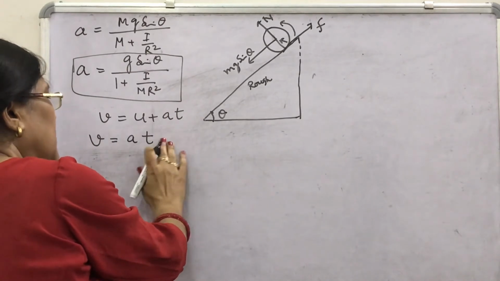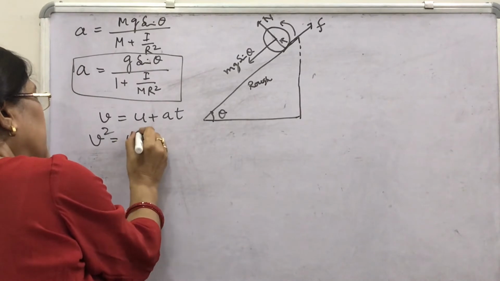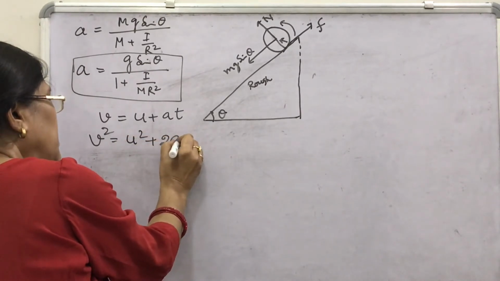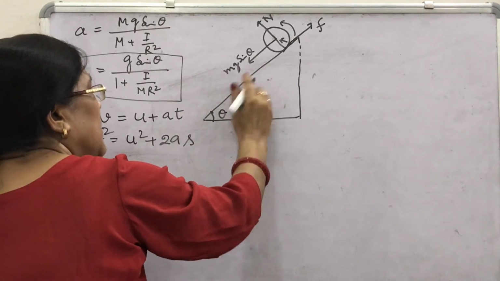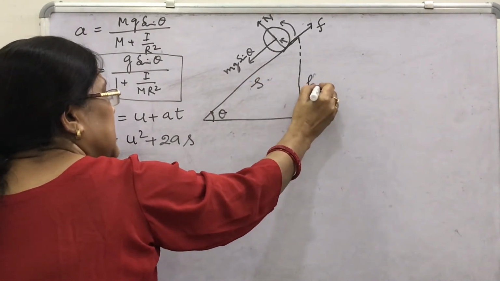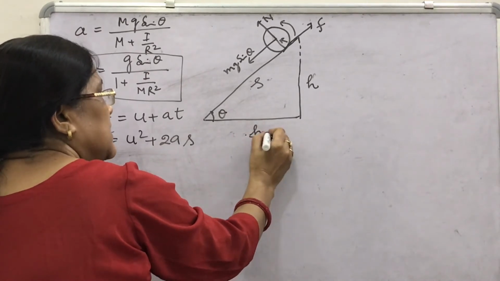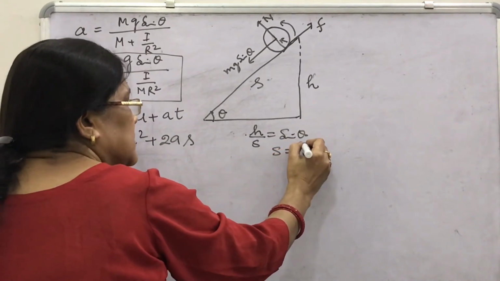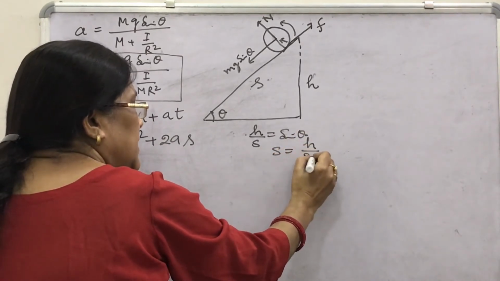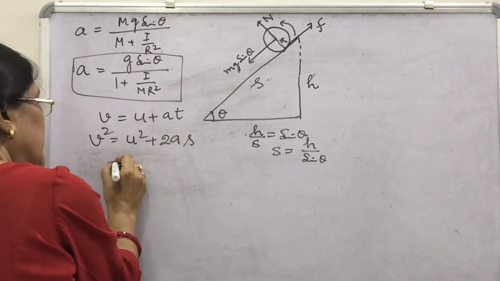So you consider the third equation, v square equal to u square plus 2as, because we can have this value s and this is h. Then what can you write? This h upon s is sine theta, then s will be h upon sine theta. So we can use the third expression. What will you get here?